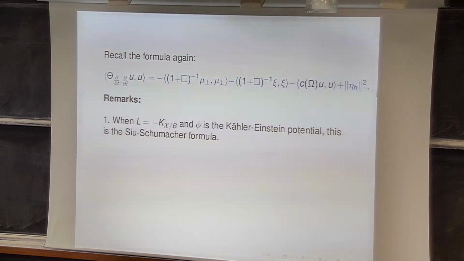Then this is the same formula as Siu and Schumacher had. If the fibration is trivial, then this thing here, the bad guy, disappears because it's the harmonic part of the Kodaira-Spencer class, and it will be 0 then. So in that case, you will get that the curvature is negative.